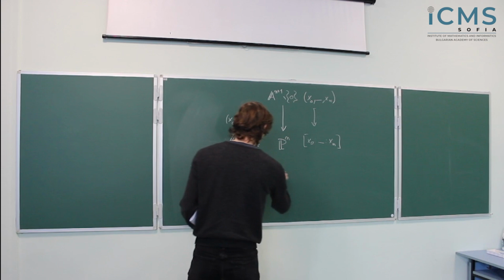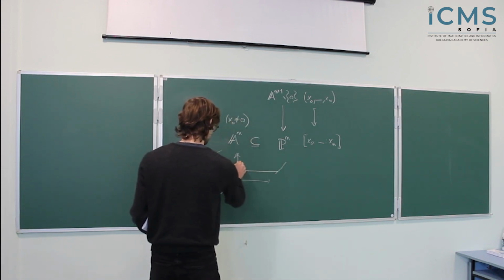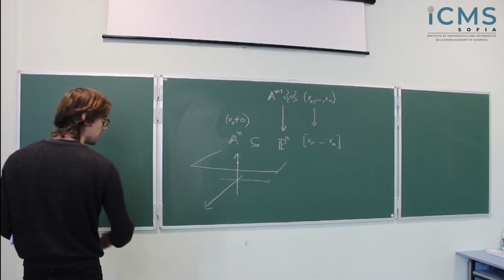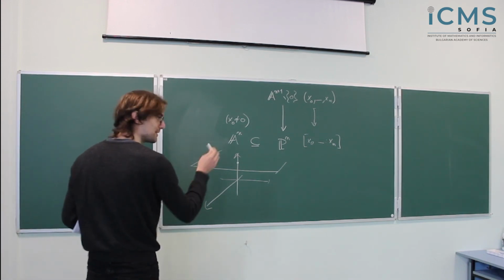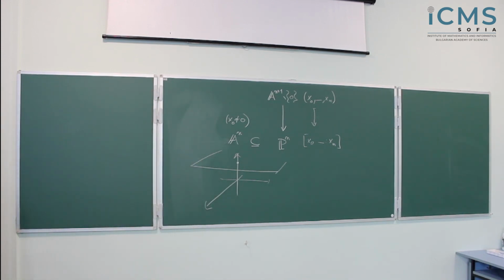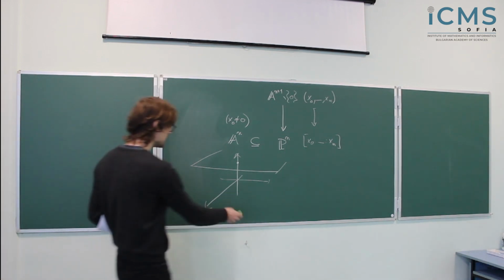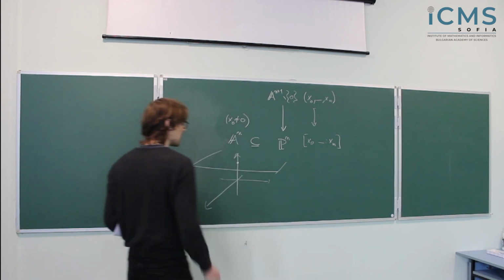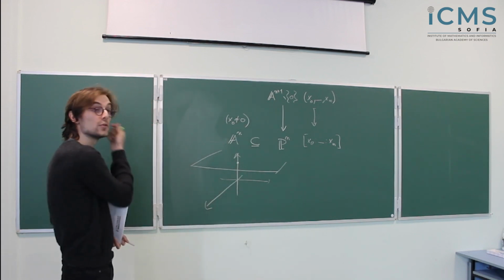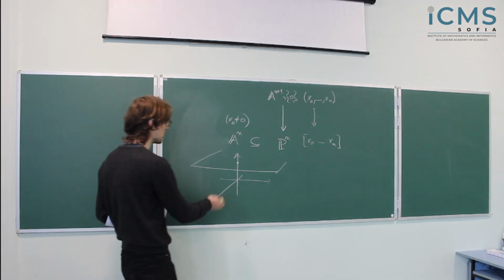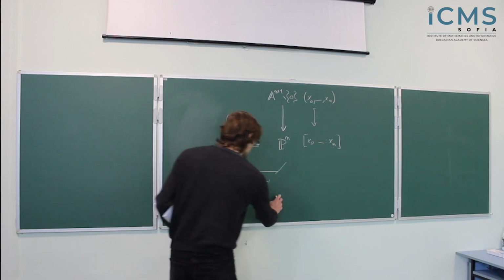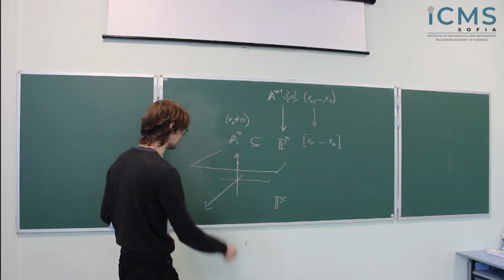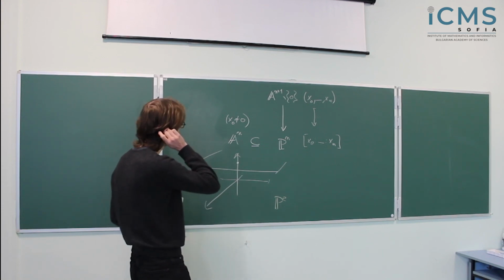So imagine that this whole free space here is the (n+1)-space, and we want to find P2. So what I'm trying to draw here will be the projective plane P2. Okay. So what is the projective space?